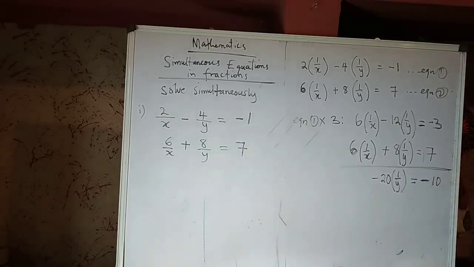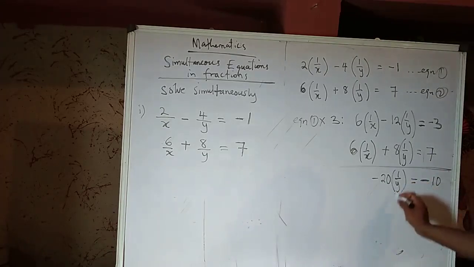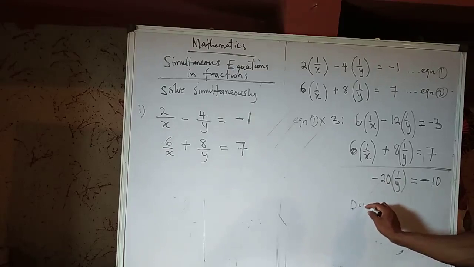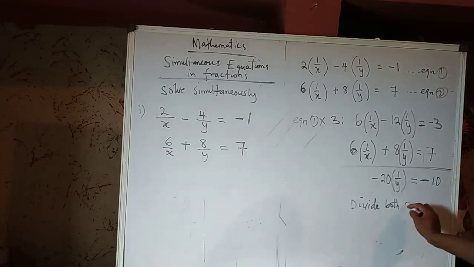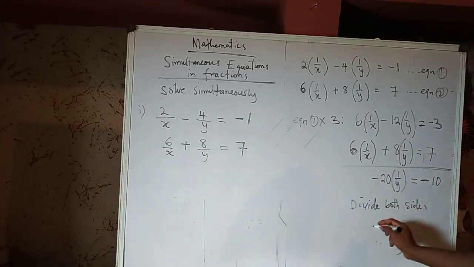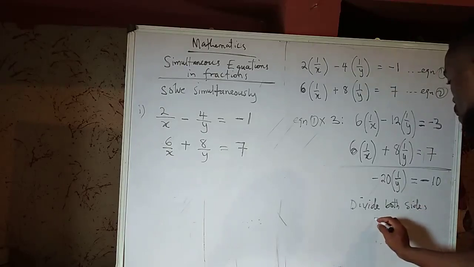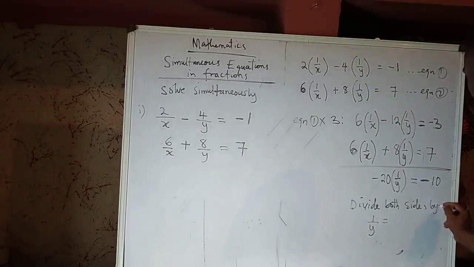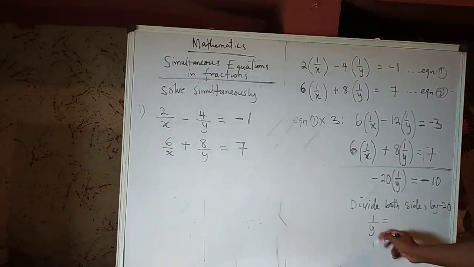You get that, right? So this will now simply mean that I have minus 20 into 1 over y equals minus 10. So I'll divide both sides by minus 20. If I divide both sides by minus 20, I have 1 over y left, because that minus 20 will take care of this guy.